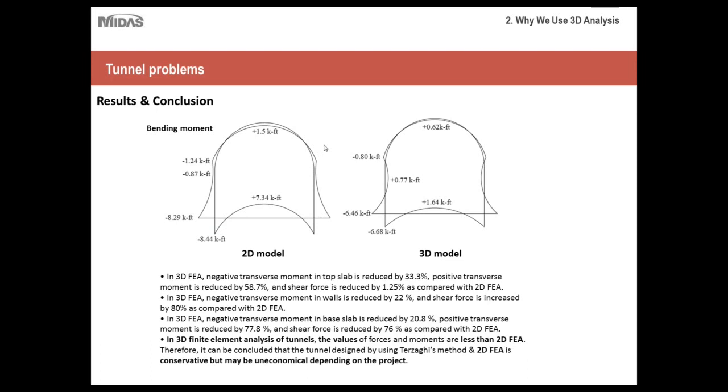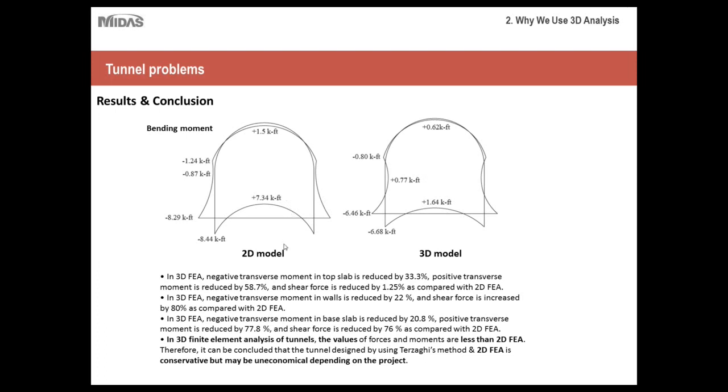And here we have the results and the conclusion of the experiment. To the left you have the 2D model and the results that were calculated, for example, the bending moments. And to the right are all the bending moments that were calculated in the 3D model. As you can see, the bending moments of the 2D model were much more conservative than the results generated with the 3D model.